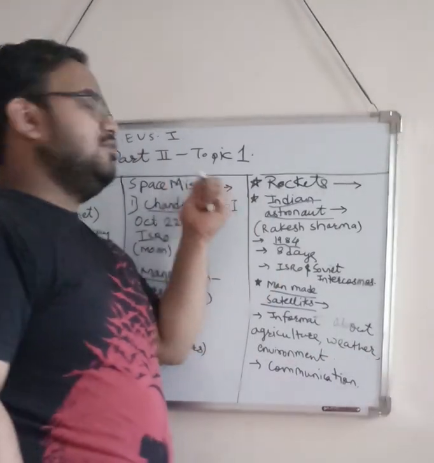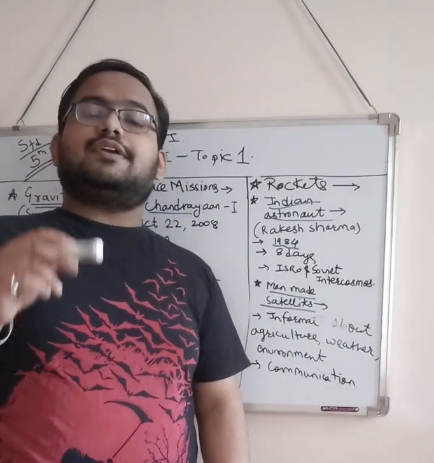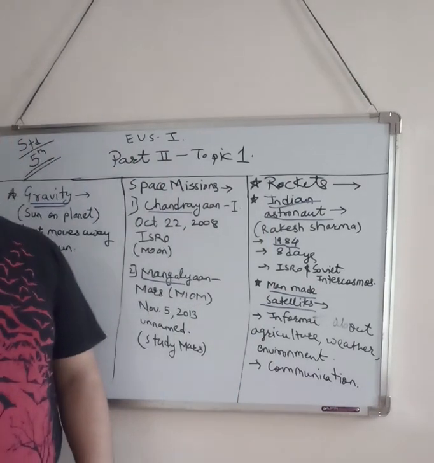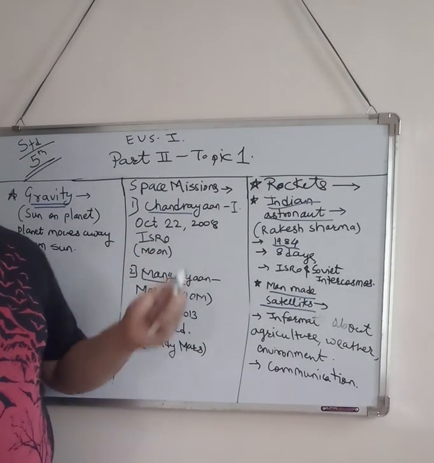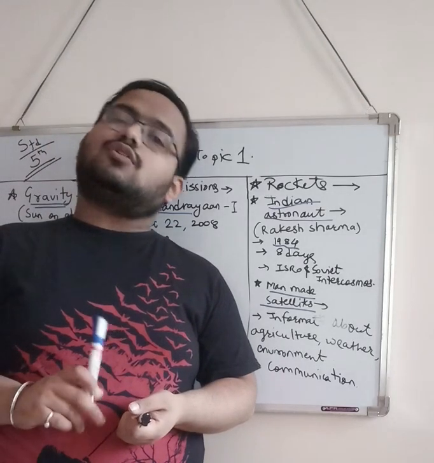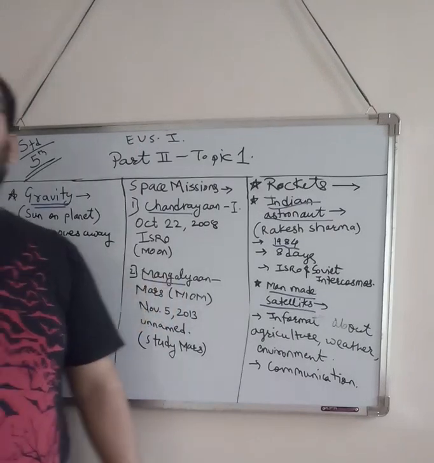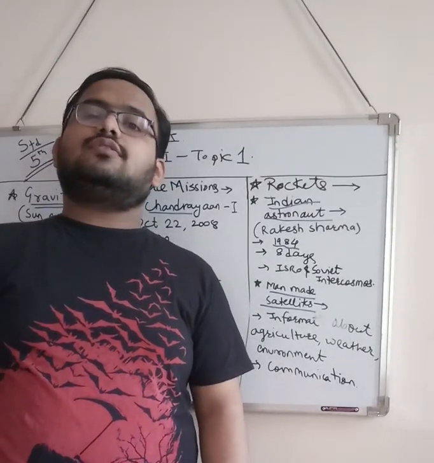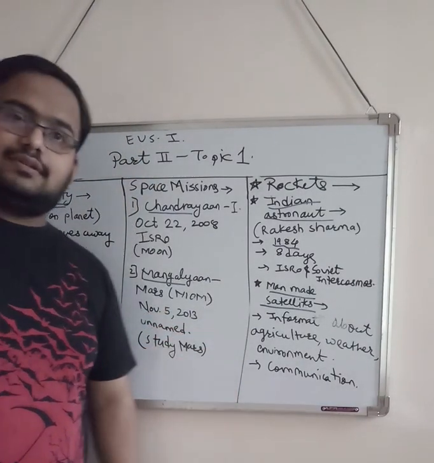Next we studied about space missions. First is Chandrayaan. It is used to study the moon. It was launched on 22nd October 2008 by ISRO, Indian Space Research Organization. Second was Mangalyaan. It was made to study Mars. It was launched on 5th November 2013.